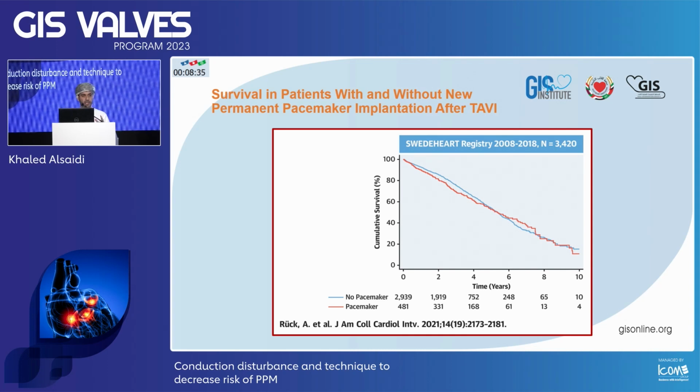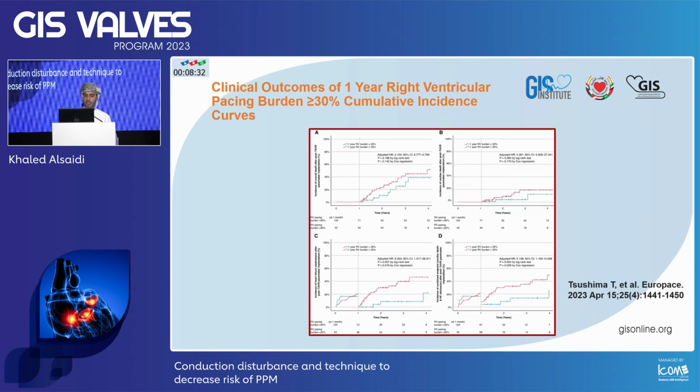But this area still needs to be studied because there are other trials, like this one, showing all-cause mortality is the same, cardiovascular mortality is the same, but heart failure hospitalization is higher in patients who had pacemaker implantation and are actually using their pacemaker. The pacing burden is more than 30% at 1 year.